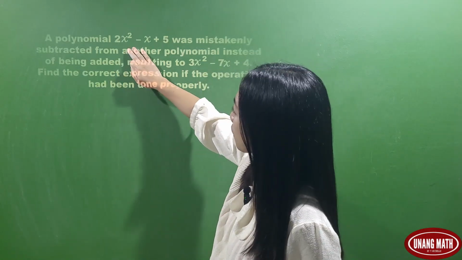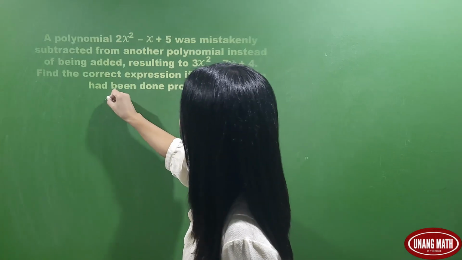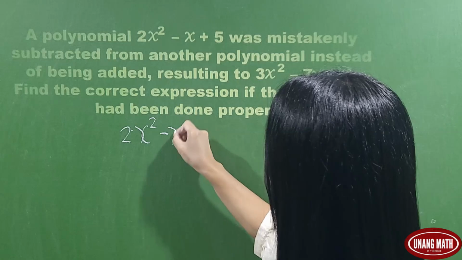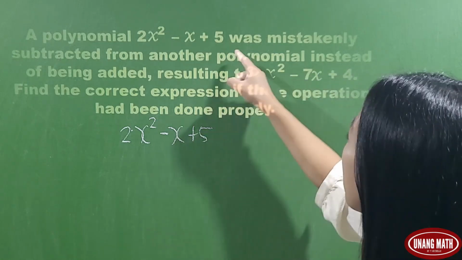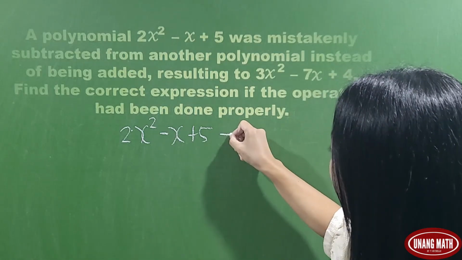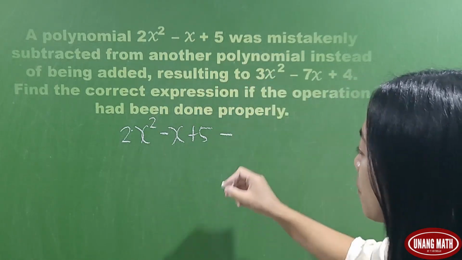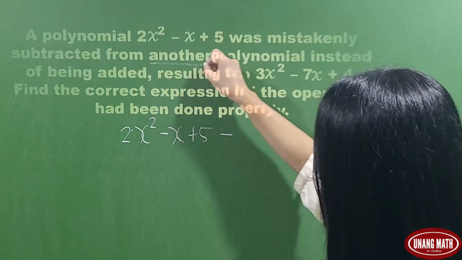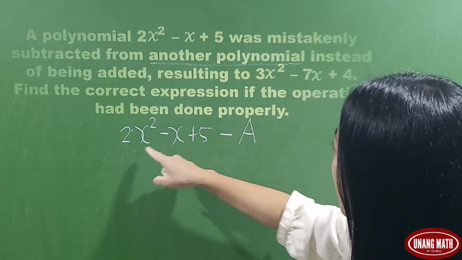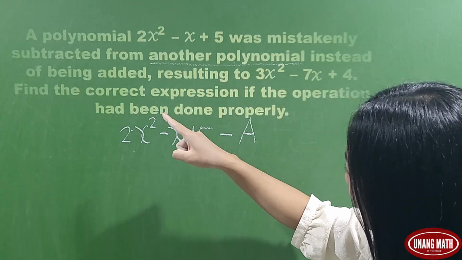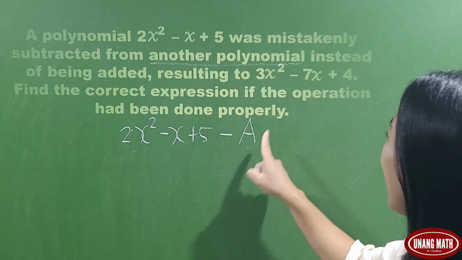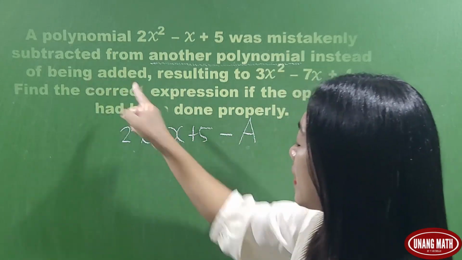So according to this problem, this 2x squared minus x plus 5 was mistakenly subtracted from another polynomial. Let's represent this another polynomial as a. So this expression was mistakenly subtracted from another polynomial instead of being added.